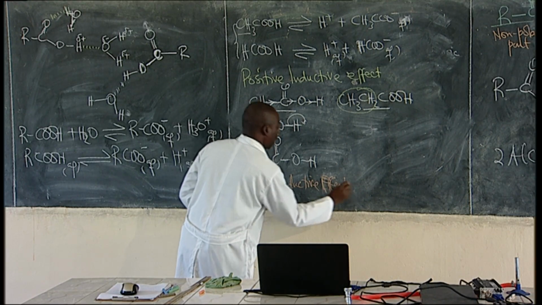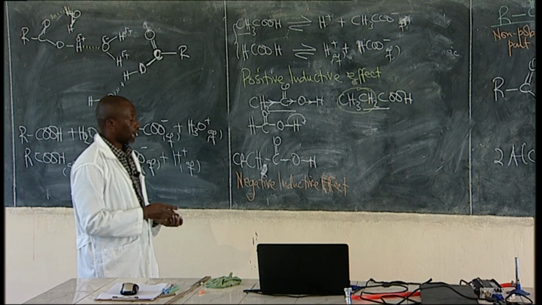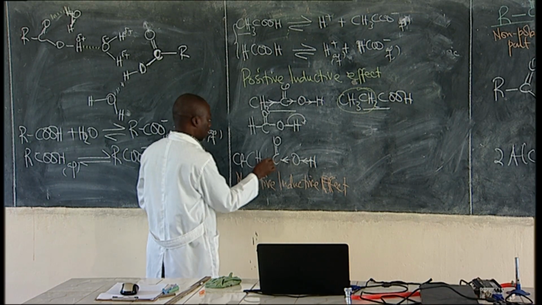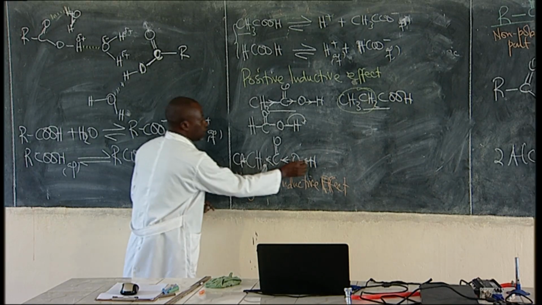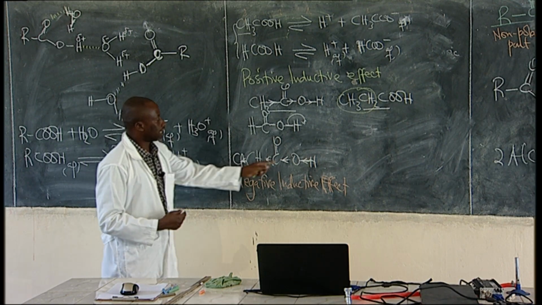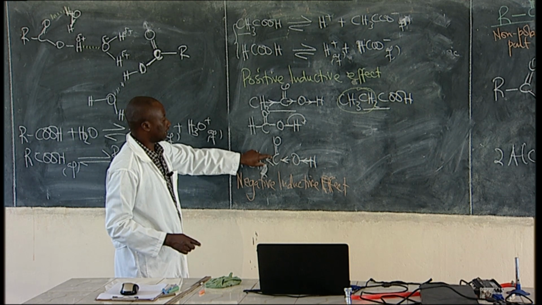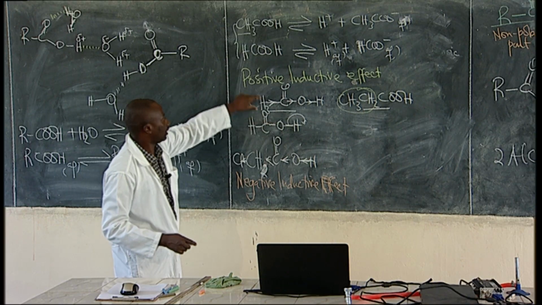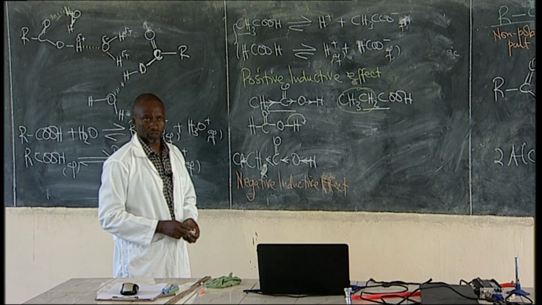It has the ability to withdraw electrons, and therefore that will weaken the bond. So the bond here becomes weak, and it can easily break. That means chloroethanoic acid will be an even stronger acid than ethanoic acid and methanoic acid because of the presence of this.